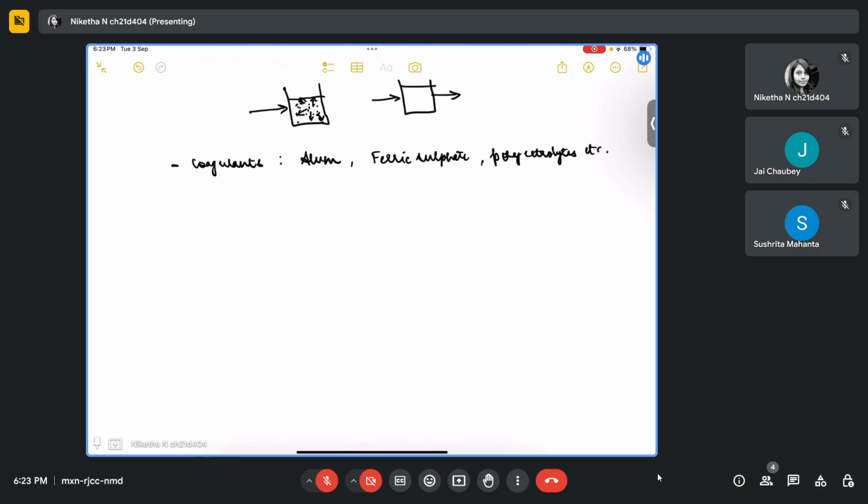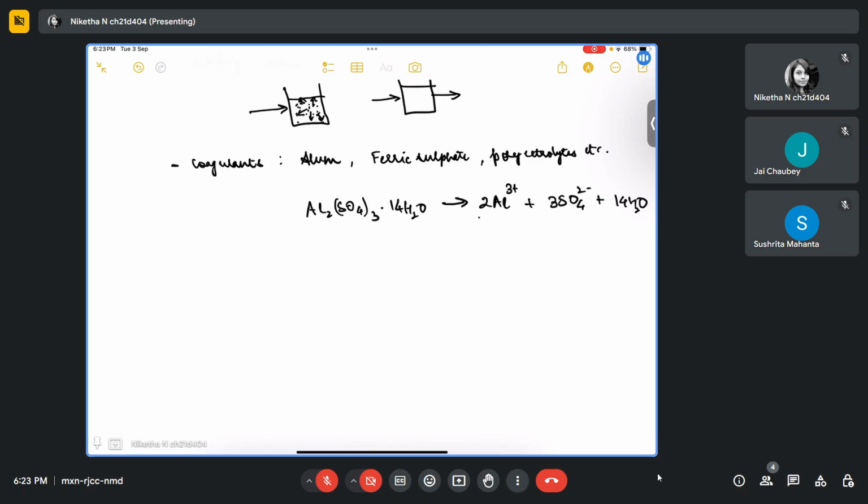Okay, so generally when we add alum to water, it will form a kind of sticky substance. So when water reacts with alum, it gives out 2Al3+ and 3 sulfate and 14H2O.